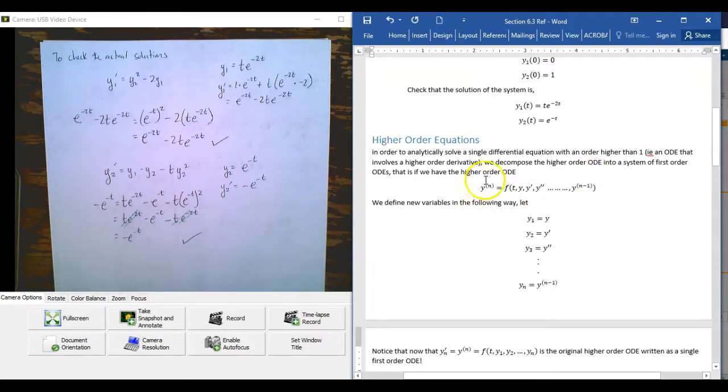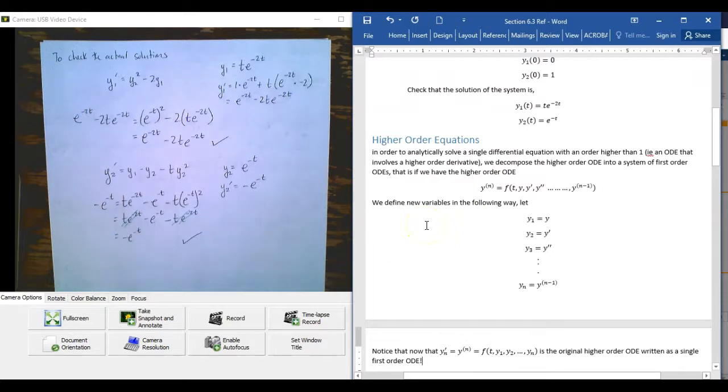So an order n differential equation will involve some function of t, y, y prime, y double prime, all the way up to y, the n minus first derivative of the function y.